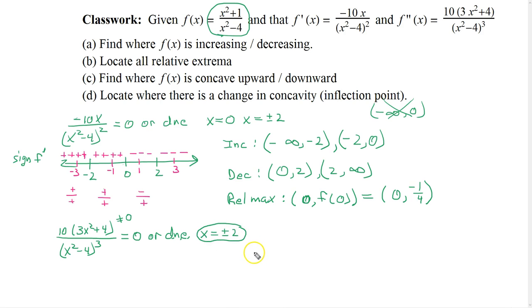So those are the numbers we're going to have to put on our number line to look for the sign of the second derivative. So let's do that. This is going to be the sign of f double prime. And so we have to mark off -2 and +2.